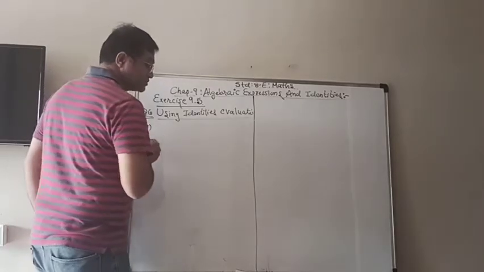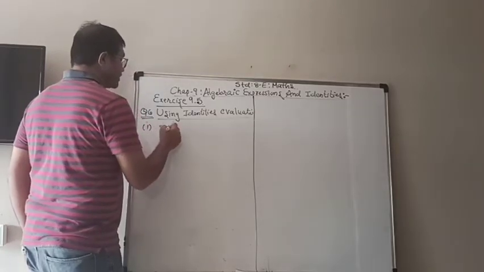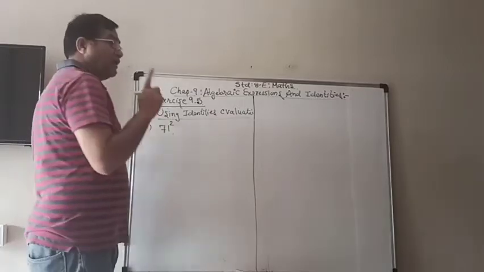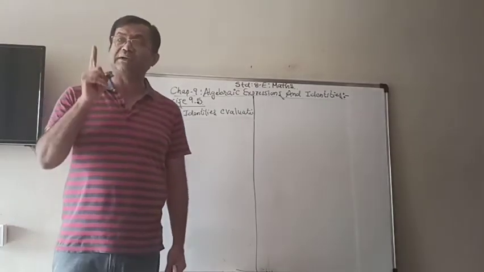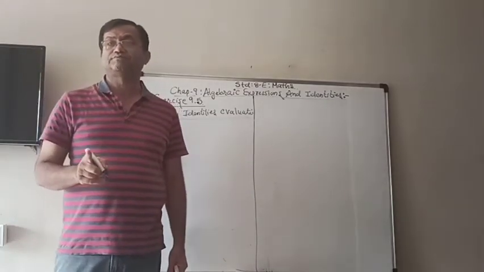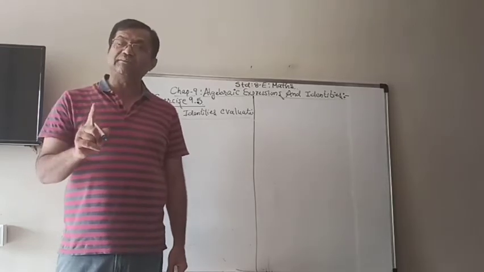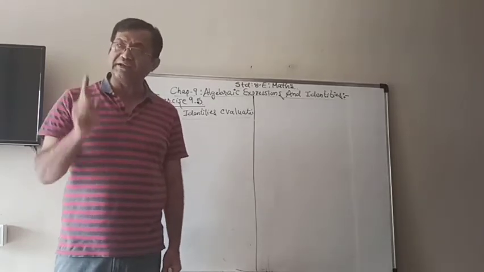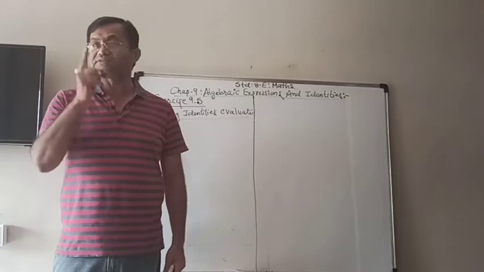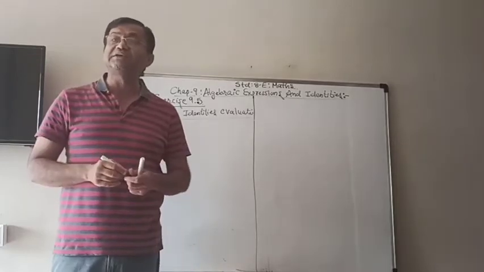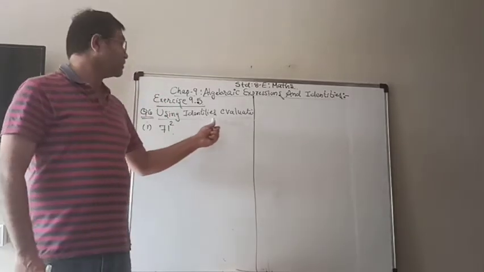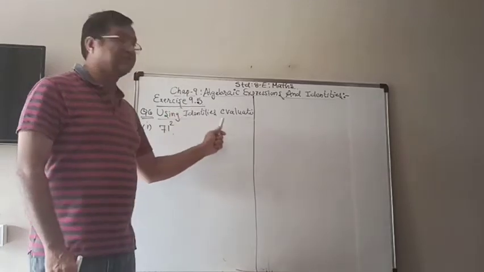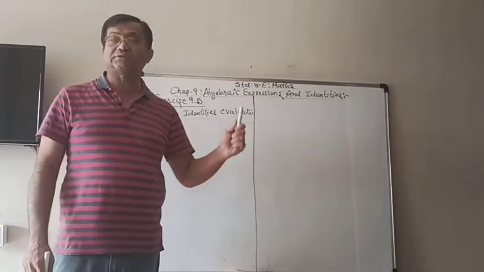First one is 71 square. Now here you don't have to do 71 multiplied by 71. If you do 71 multiplied by 71 and get the right answer, you will get 0 marks, because you didn't read the instruction. Using identities evaluate, not only evaluate.